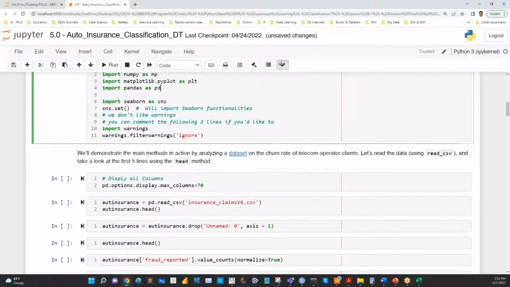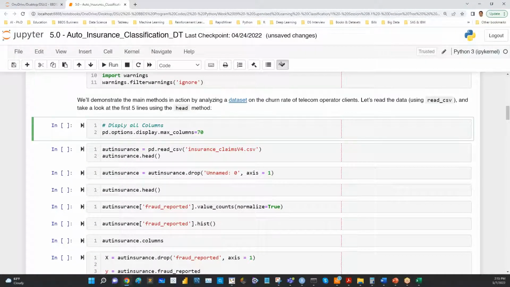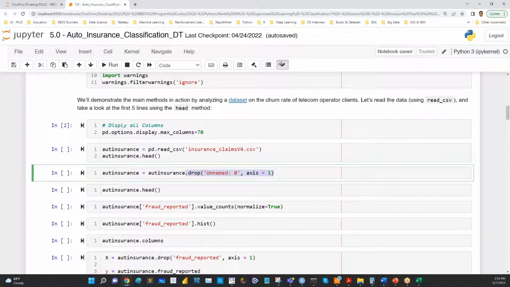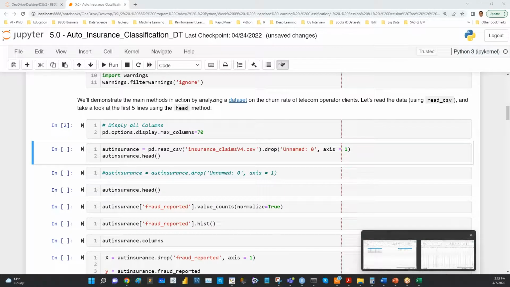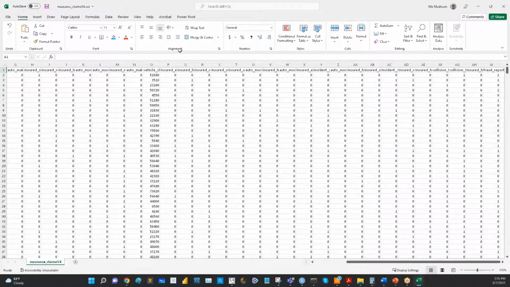Then we are going to import file number 4, our insurance claim number 4. It's preprocessed.